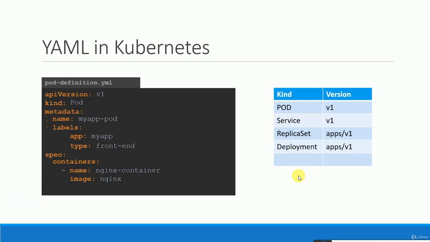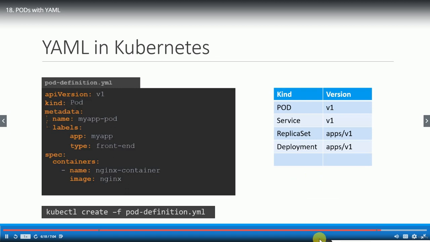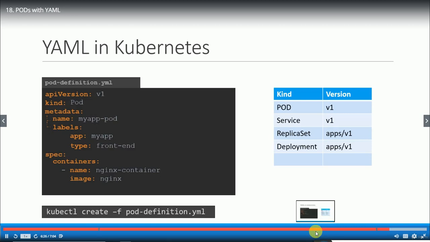Once the file is created, run the command kubectl create -f followed by the file name, which is pod-definition.yaml, and Kubernetes creates the pod. So to summarize, remember the 4 top-level properties: apiVersion, kind, metadata, and spec. Then start by adding values to those depending on the object you are going to create.